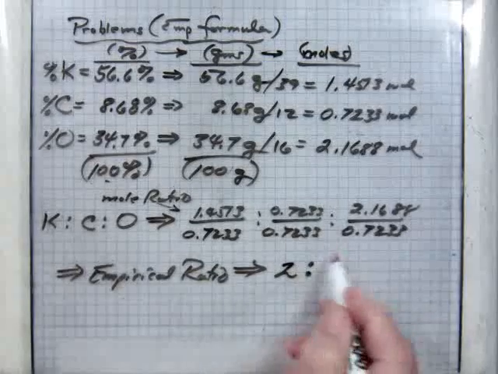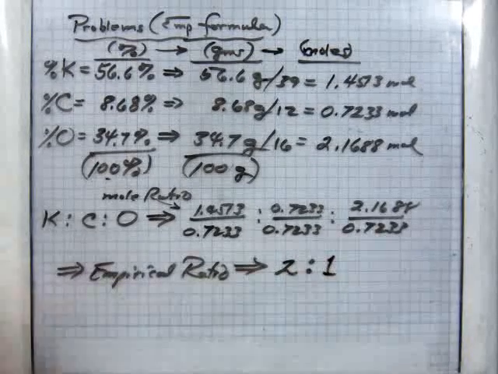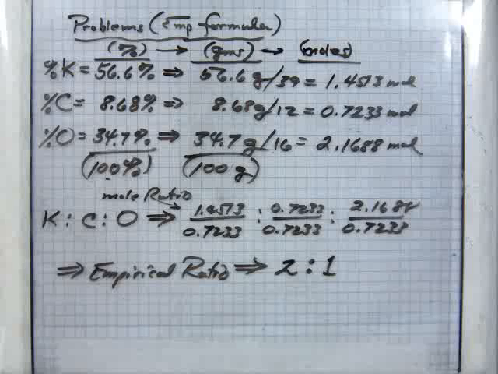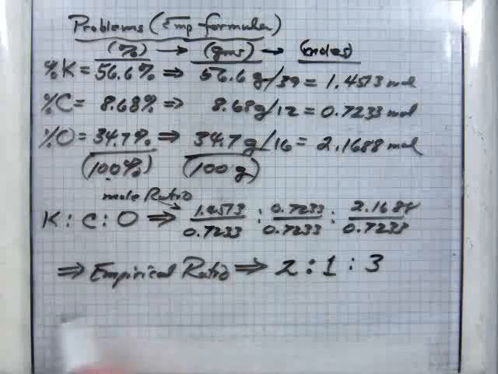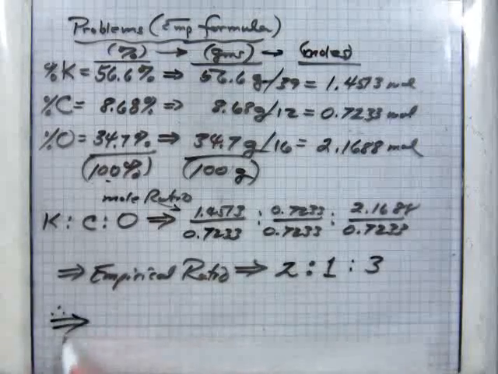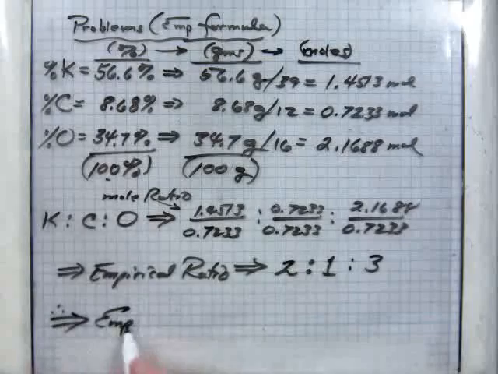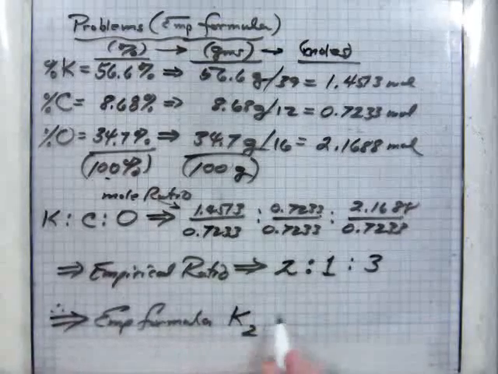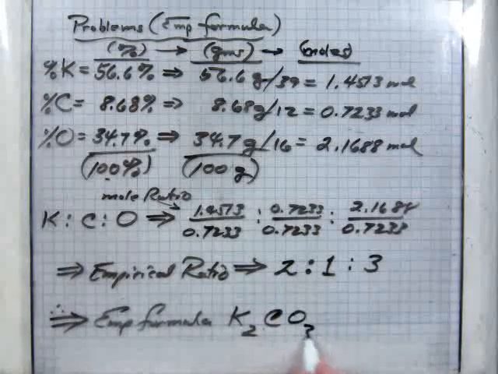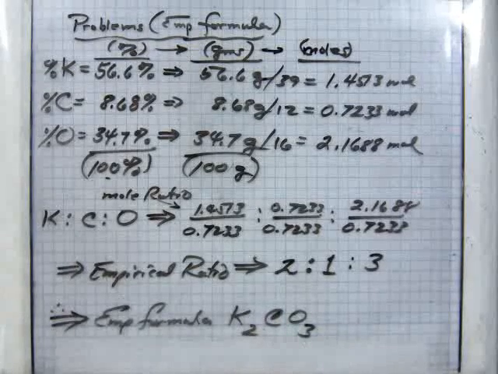And that one's obviously 1, and then the last one, 2.1688 divided by 0.7233 gives me a 3. So this is your empirical ratio. Therefore, your empirical formula is K2CO3. And that's how that's done.